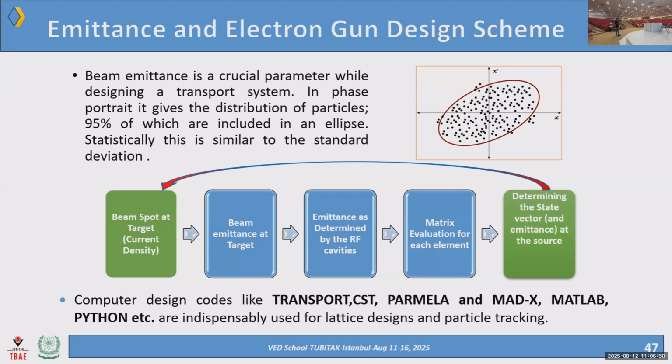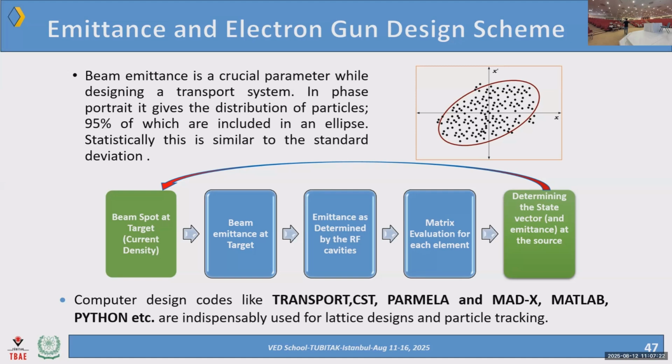First, we determine the state vector at the target. This is the starting point. Tell me what you want. Then I try to design the acceleration system, the beam emittance preserving system. After all these calculations, I can check what sort of state vector I would need at the electron gun. The electron gun is designed at the end of the physics.